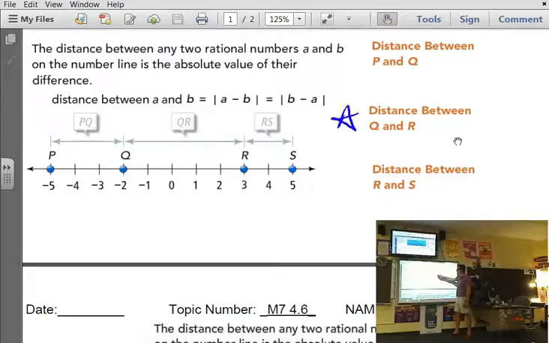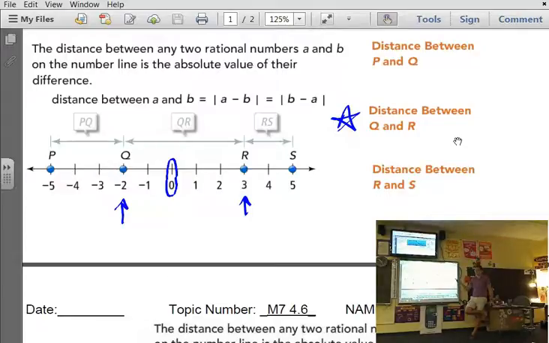I want you to put a little star next to the distance between Q and R. When you have one that's positive and one that's negative, Q, R, think about the fact that they have to pass 0. How far for Q to get to 0? If it's at -2, how far for it to get to 0? 2.